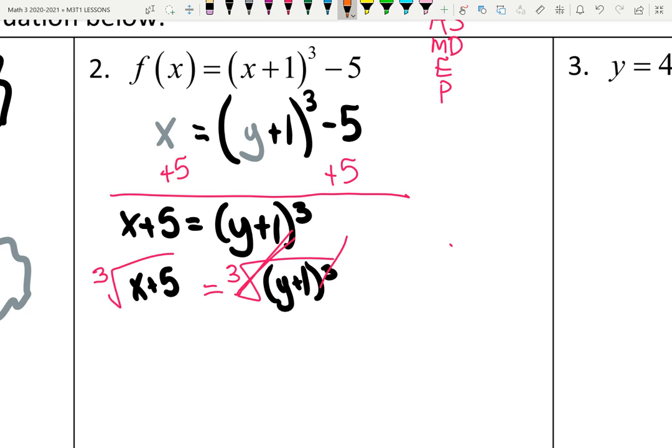So what I'm going to be left with is the cube root of x plus 5 equals y plus 1.